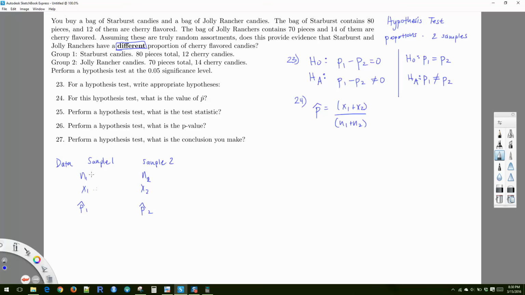Okay, what's n1? n1 is 80. x1 is 12. And our p hat 1 will be 12 divided by 80, which is 0.15. n2 is 70. x2 is 14. P hat 2 is 14 over 70, which is 0.2.